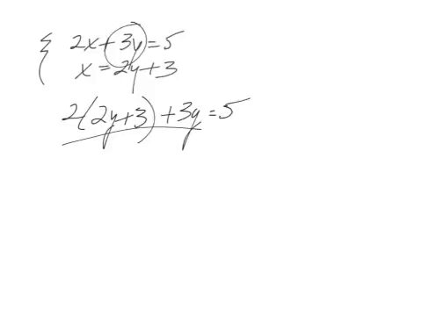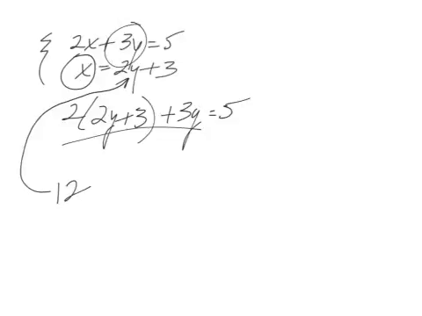We have one variable, y, and one equation, and we can solve for y. And once we solve for y, we can take that answer, let's say that y is 12, and we can put it here, and then 2 times 12 is 24, plus 3 is 27, and that equals x. So we just found the answer to both the x and the y.